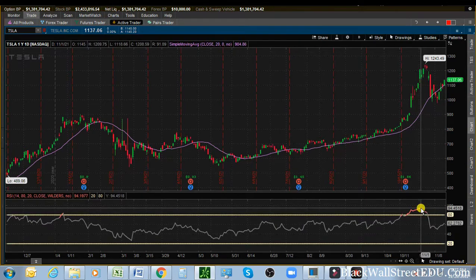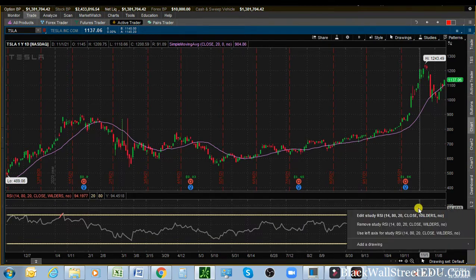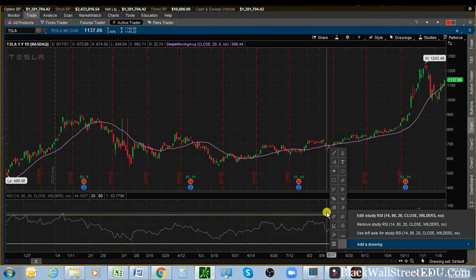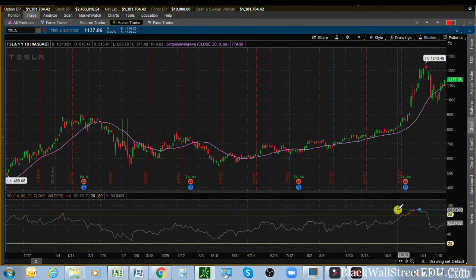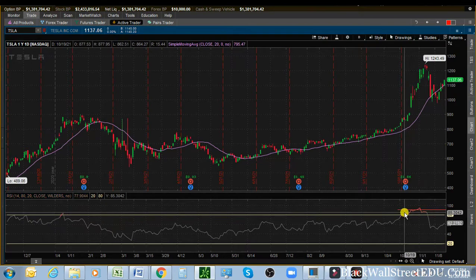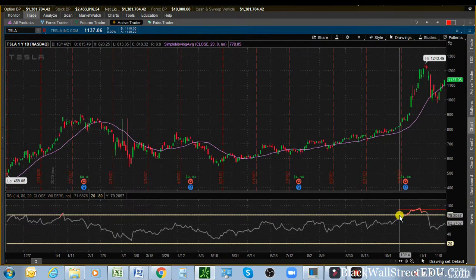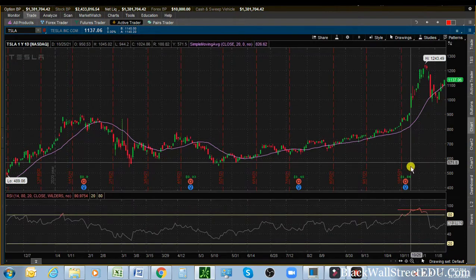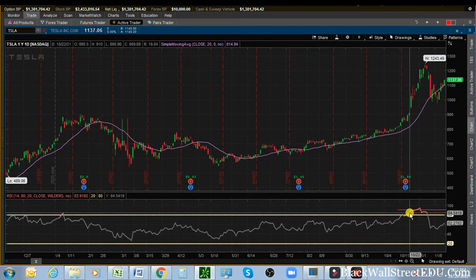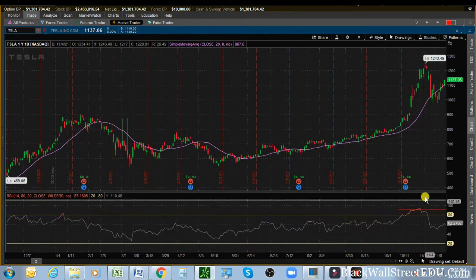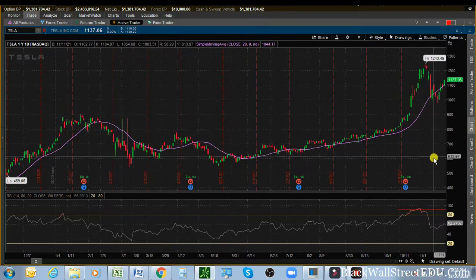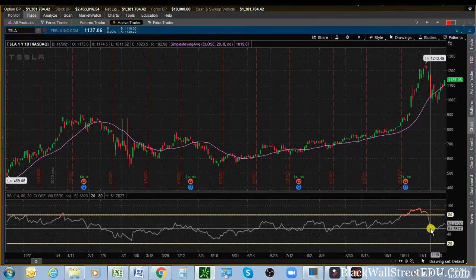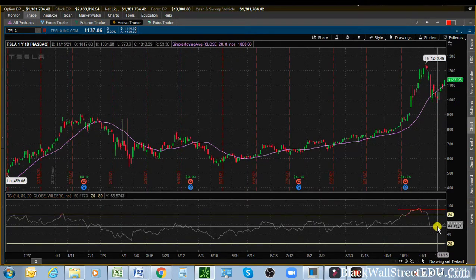That's a rookie play, because it can definitely turn around on you, and the next thing you know, you're wondering why. So if this thing gets anywhere up here where I draw the line, or anywhere above 80, just be careful, because it can pull back on you like it did at this location.